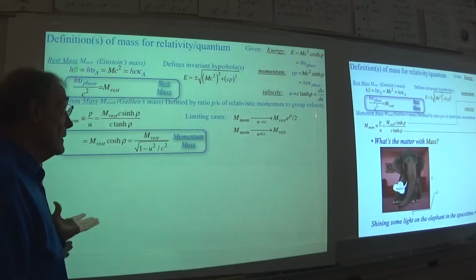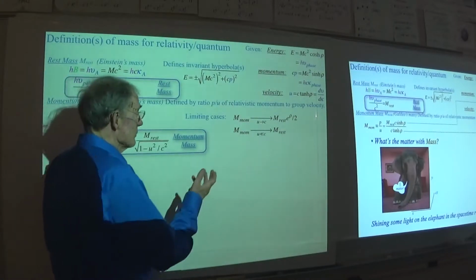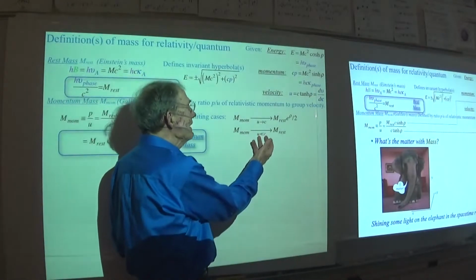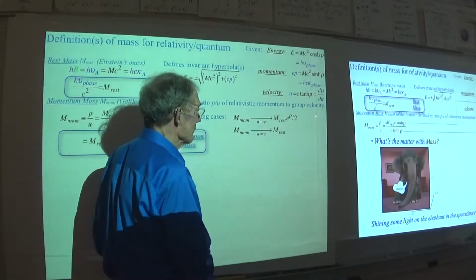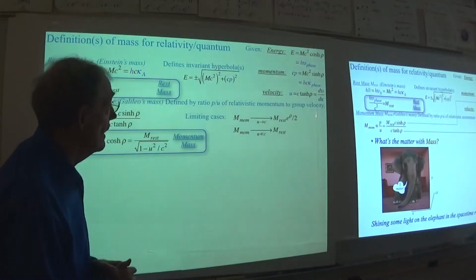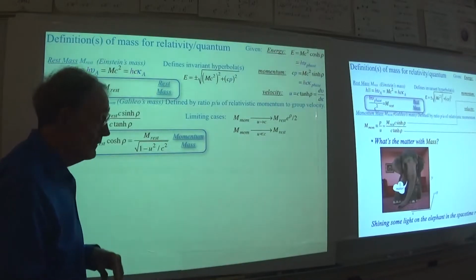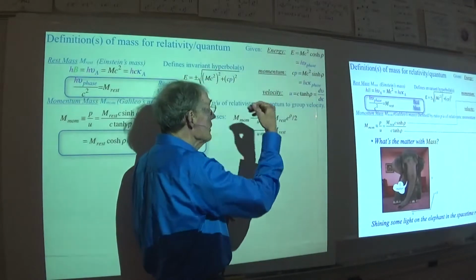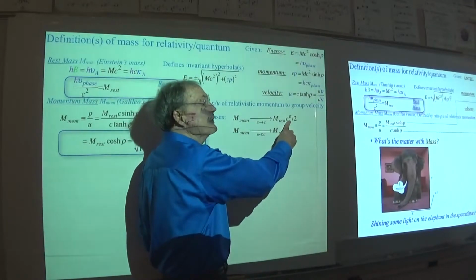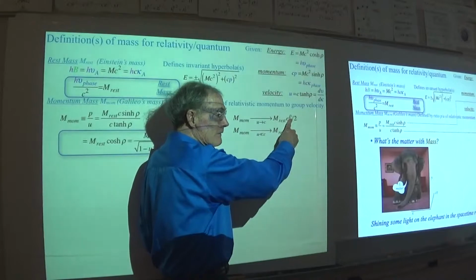Okay? What are the limiting cases? As I go to Galilean speeds, I just get the momentum mass. This is what we've always called the rest mass. Rest mass is momentum mass. M, nothing funny there. But as we go to the stars and things that are really moving fast, it will blow up exponentially with rapidity.